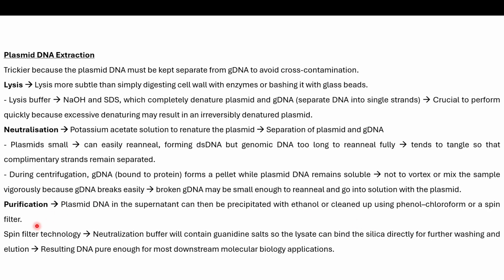Due to certain buffer salts that are present, which are guanidine salts here, the neutralization buffer in this scenario contains guanidine salts, so that the lysate applied on the filter can bind the silica. The spin filter membrane has a silica membrane. It can bind directly for further washing and elution, and the resulting DNA can finally be eluted out, which is pure enough for most downstream molecular biology applications.